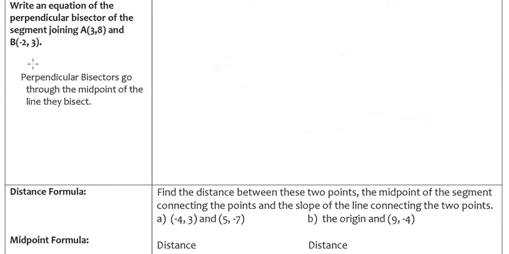Now, as a reminder, perpendicular bisectors go through the midpoint of the line they bisect. So just a quick sketch. If we had a line segment right here, the perpendicular bisector, first off, will be perpendicular. So it's going to go through this line at a 90-degree angle. But bisector means that it cuts it right in half.